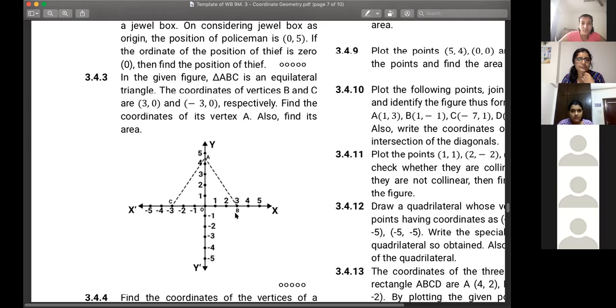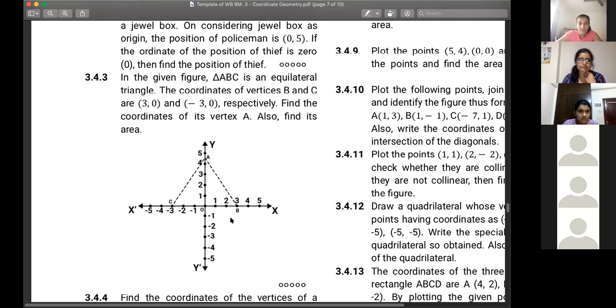So how will you do this? What do you mean by an equilateral triangle? All sides are equal. That is good. So for this particular equilateral triangle ABC, what is the side length? Can you find out? Ma'am, I think it's 6.